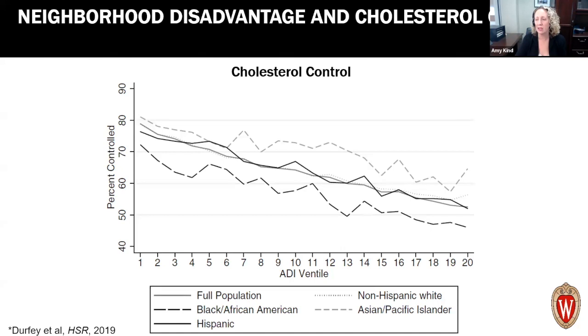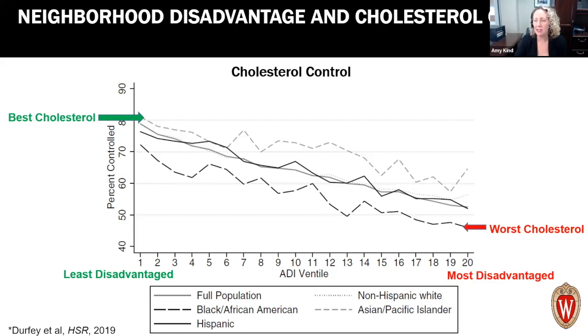So if an individual identified as African American, they tended to have poorer cholesterol control than their other counterparts, regardless of the ADI of the neighborhood they were living in. So this is a nice example of an analysis that not only shows us a disparity by social exposome, but a disparity by race as well. And these types of analyses can help us tease apart the different fundamental factors that are contributing to differences in health outcomes.